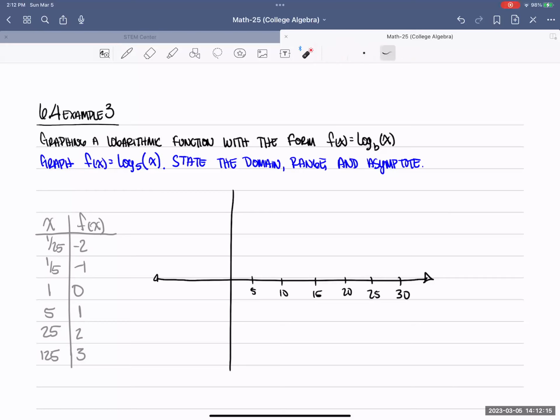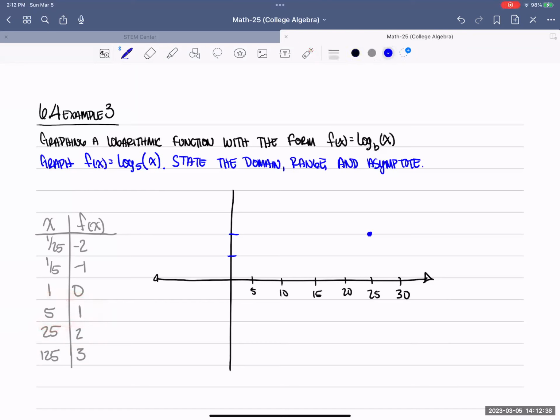So we don't even have room to graph this one. But let's start with 25 and 2. So when we input 25, we output 2. So there's that one.